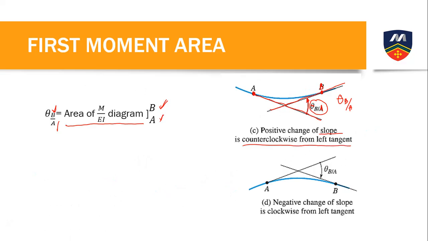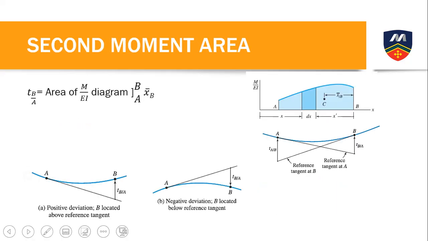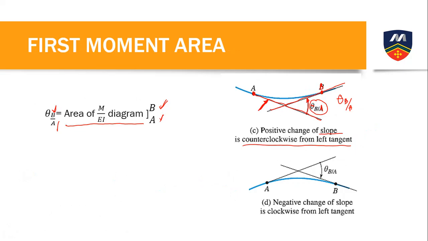So in this case, our left tangent here is this line A. Mao ni ang left tangent ni A. So therefore, si B, if you want to determine the slope of B from A, unsay direction ani niya? Direction is padulong or counterclockwise. So therefore, we should come up with a positive slope.